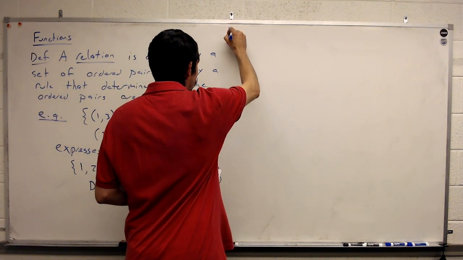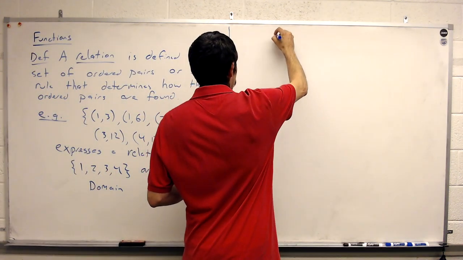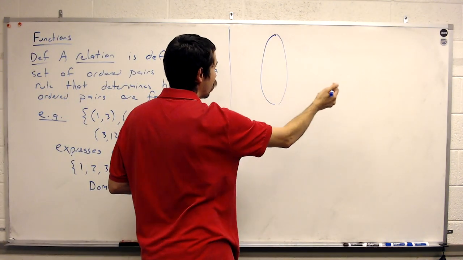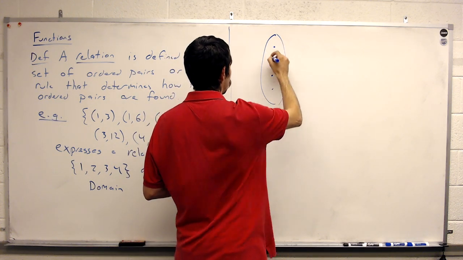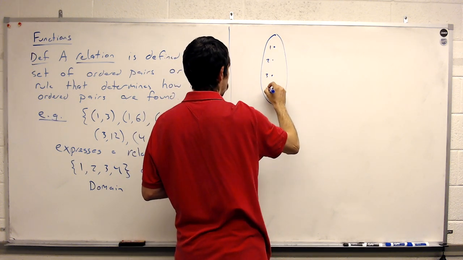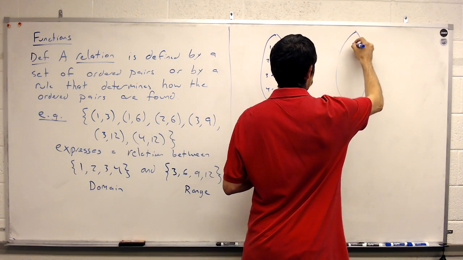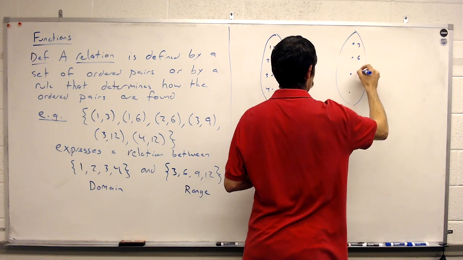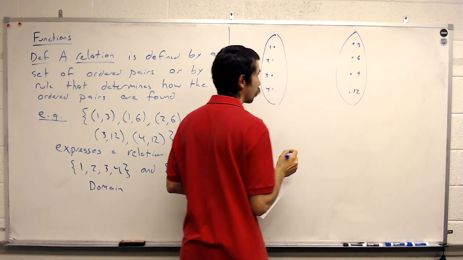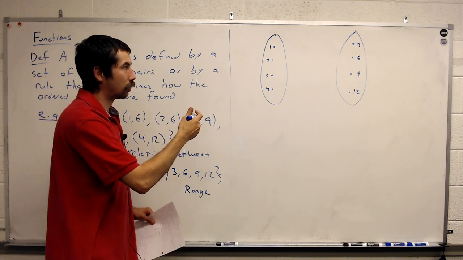And typically we could visualize relations by having kind of arrows pointing. So here we'll have our domain, 1, 2, 3, and 4. And over here we'll have our range. And we could visualize the relation by having an arrow.